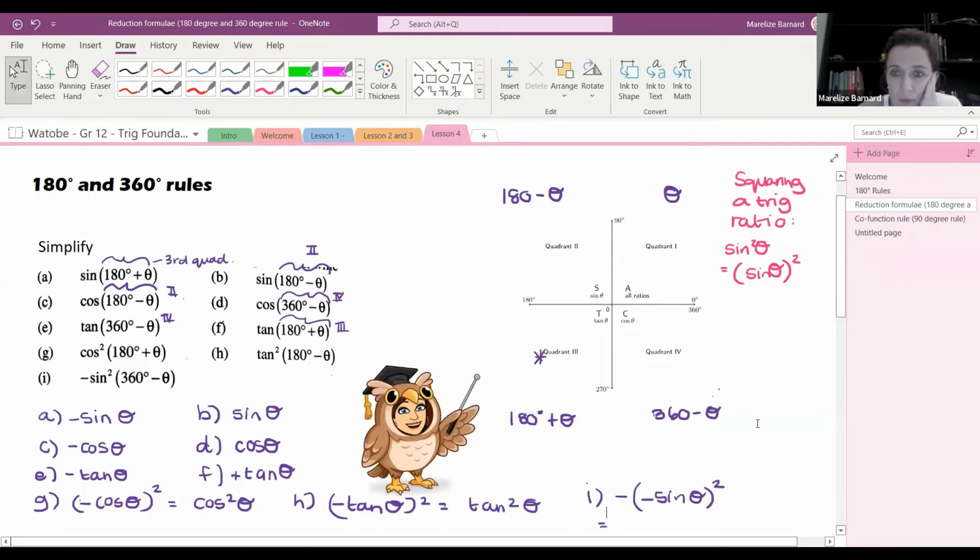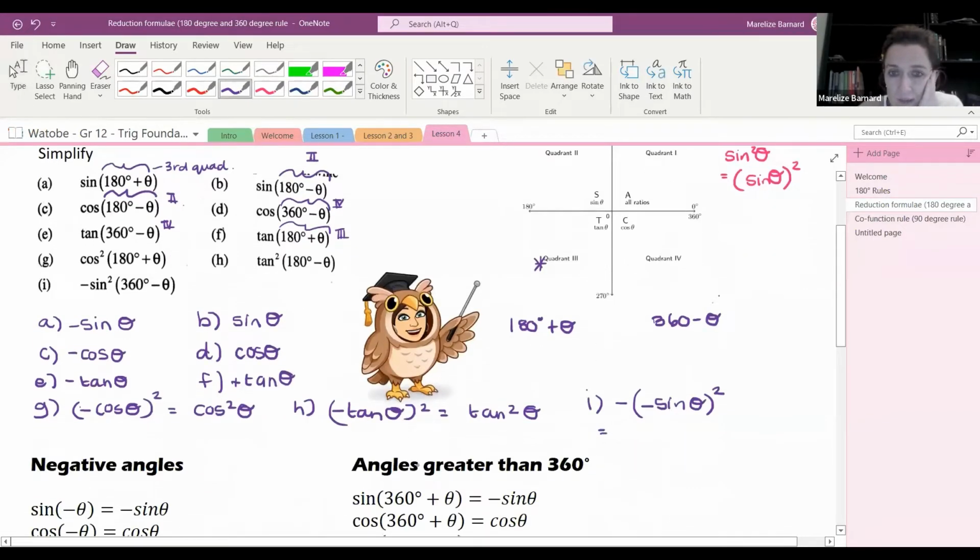Okay, so use your brackets wisely so that you don't make a mistake. This minus is outside the bracket. So negative sine theta squared is going to be sine squared theta. But because of that minus in front of it, it will now end up being negative sine squared theta. So when we square it, it's always positive, but because of the negative in front of it, it will be negative.